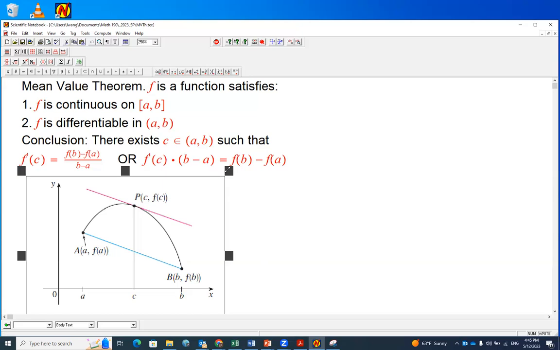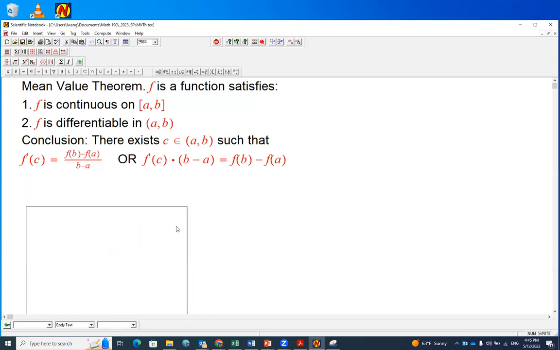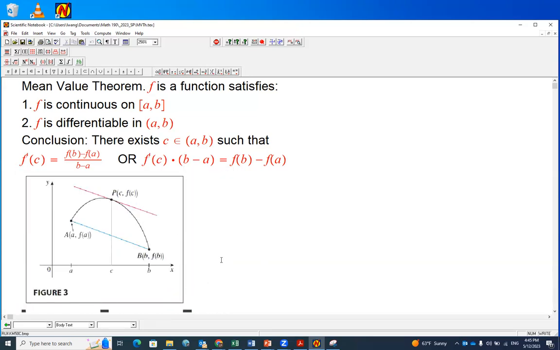Let me write it down. The slope of the blue line is the rise over run, so f of b minus f of a divided by b minus a.